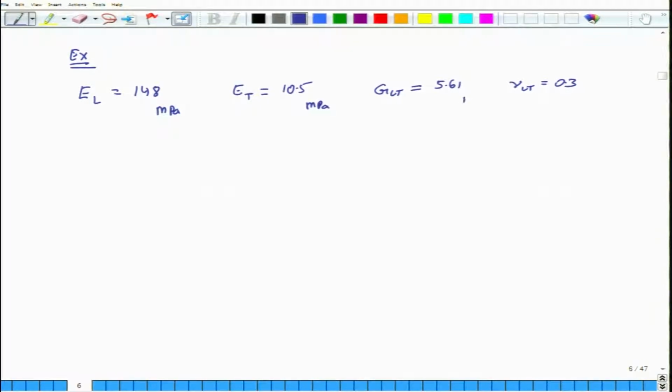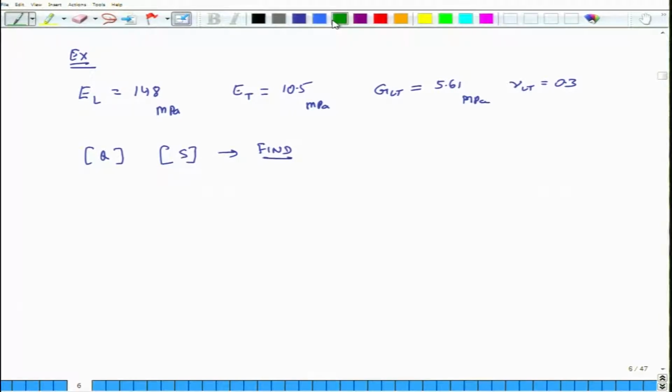Of course, Poisson's ratio is not in megapascals, it is a dimensionless number. So, with this information we have to find the Q and the S matrices. So, we have to find the stiffness matrix and the compliance matrix. That is what we want to do.